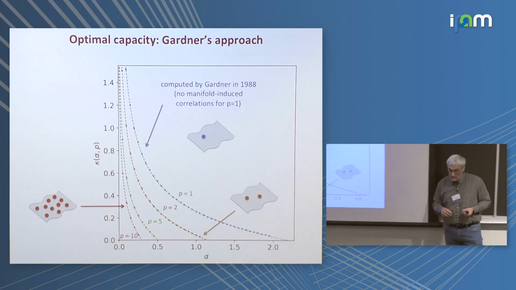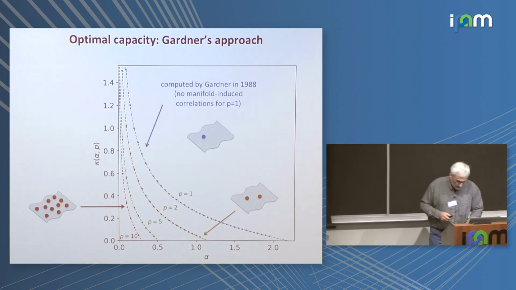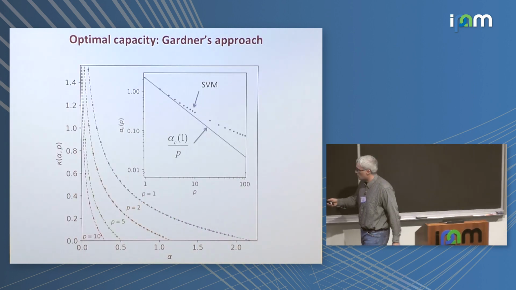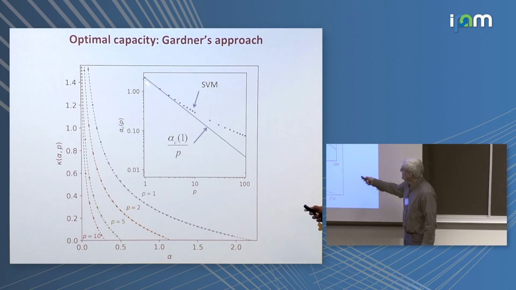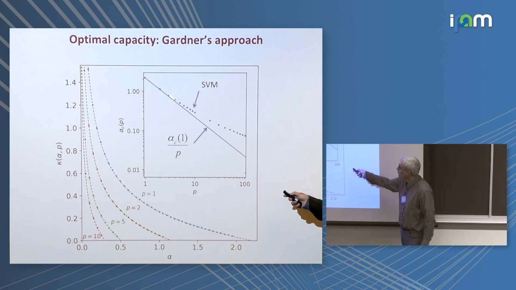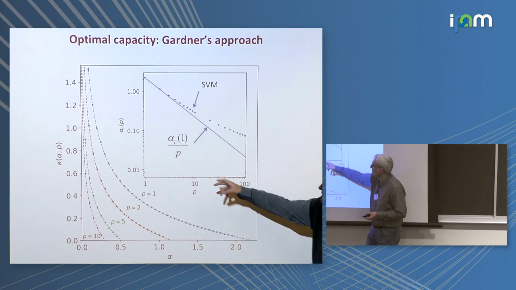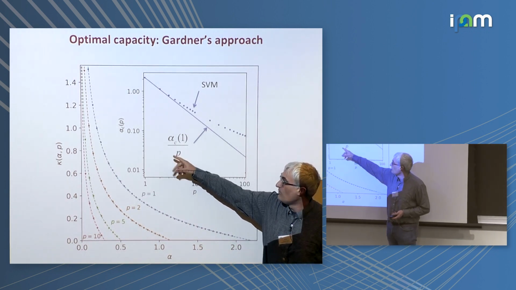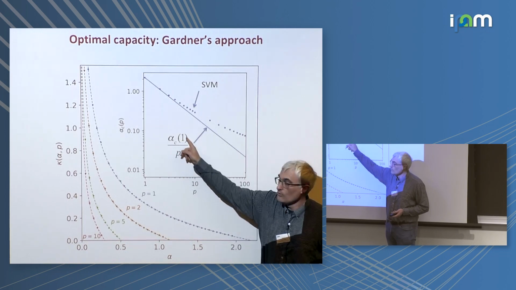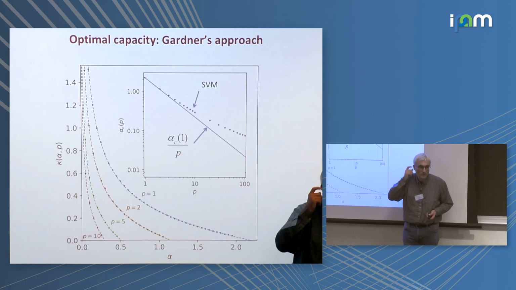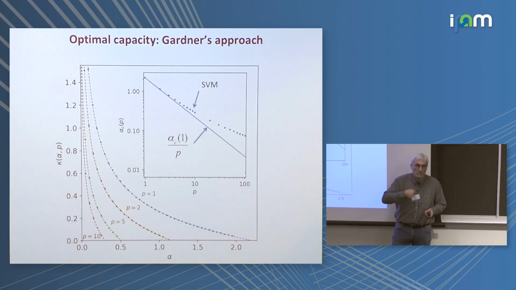In other words, if I look at the critical capacity as a function of P, for P not too large, I would expect the patterns to be essentially random. So the critical number of manifolds over the number of neurons should be the value for 1 point divided by P, because with P patterns I essentially have P independent constraints. So the number of manifolds should decay as 1 over P.